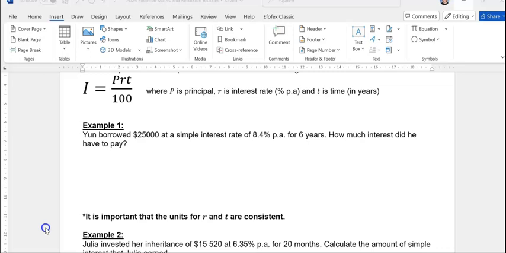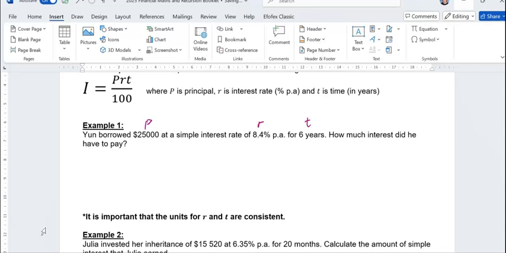Example 1: Yun borrowed $25,000 at a simple interest rate of 8.4% per annum for 6 years. So you'll see there we've got the three things that we need for our formula. Our principal is 25,000, our rate is 8.4, and our time is 6.